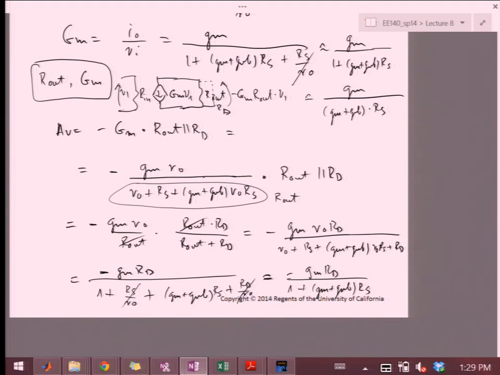So the question is, the RD here, that's the R load. If we have a two-stage, will that be the Rin of the next stage? And the answer is yes. So in the homework, I think there was a voltage divider that was involved as you're coming in from Rs, right?